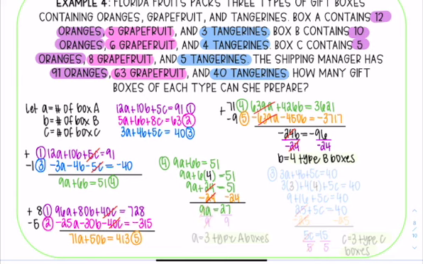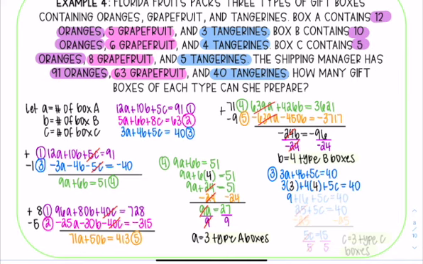We just need to figure out C, and it doesn't matter which one we plug into. So I'm going to plug into equation number 3. So that's 3 times 3 plus 4 times 4 plus 5C equals 40.